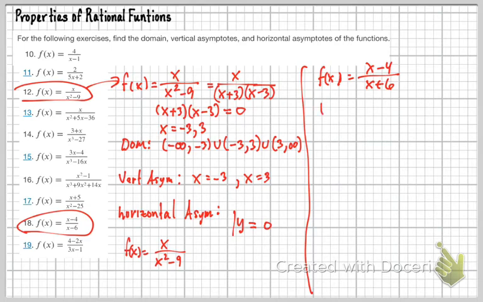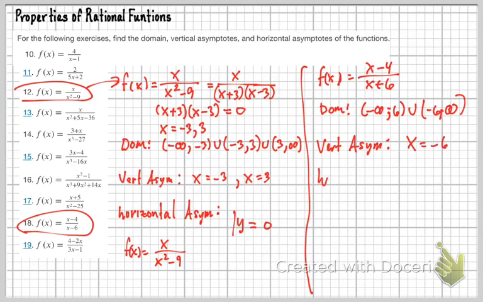So my domain then is going to be negative infinity to negative 6 union negative 6, comma, infinity. So we just had one jump. Very nice. Now let's talk about the vertical asymptote. Now the vertical asymptote is just going to be x equals negative 6.